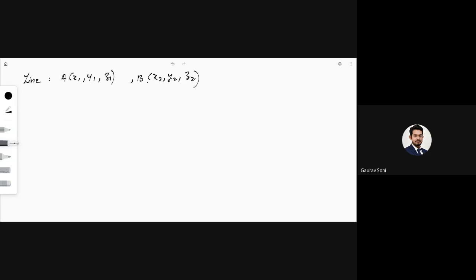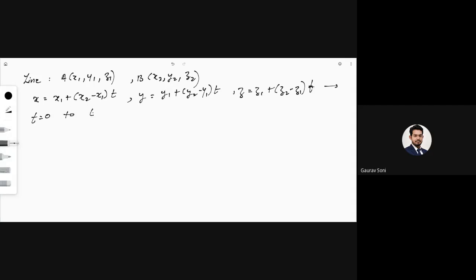A line joining these two points will have the parametric equations x = x1 + (x2 - x1)t, y = y1 + (y2 - y1)t, z = z1 + (z2 - z1)t. These are the substitutions to be used, and t in this case will run from t = 0 to t = 1.